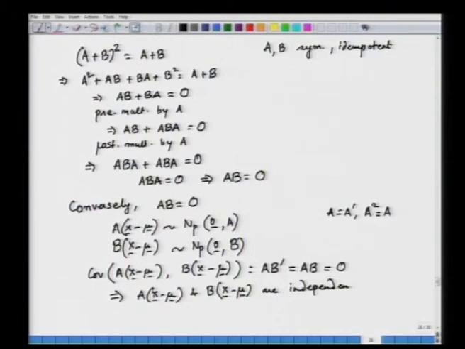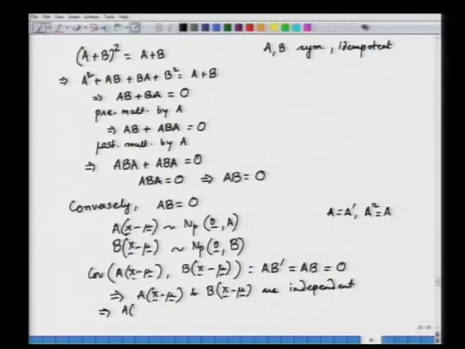This immediately gives us, if I take a transpose of each and multiply it with itself, that if x and y are independent, then x transpose x and y transpose y are also independent. So, (A(x minus mu)) transpose times A(x minus mu), and (B(x minus mu)) transpose times B(x minus mu) are independent.